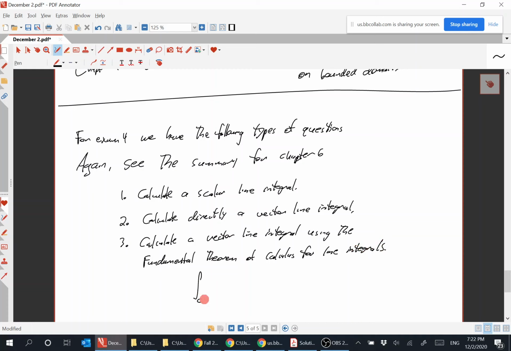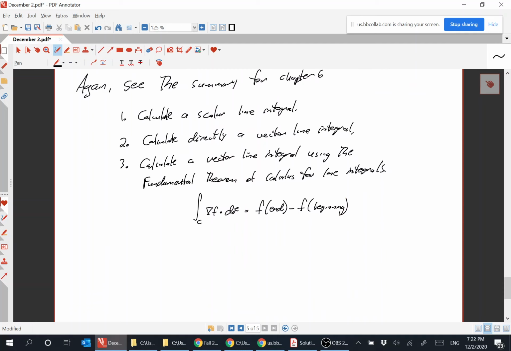That is, the line integral of the gradient of f dot dr is equal to f at the end minus f at the beginning. So that's for gradient vector fields, for conservative vector fields. So that's 3 types of questions.